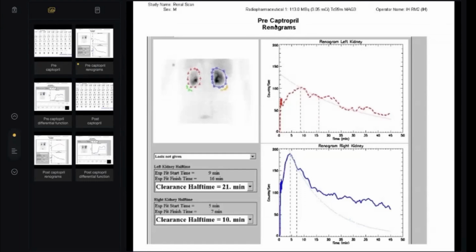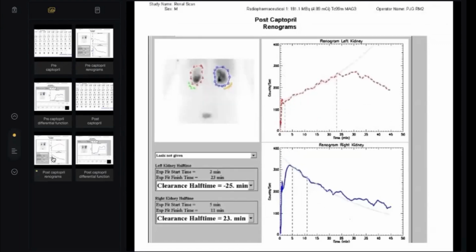Pre-captopril is the renogram, so pre-pharmaceutical. So how many curves do we have in the renogram? Pre-captopril and post. Yeah. Tell me, post captopril. So you will present it, if you are presented in the exam, by pre and post captopril. Keep in mind this is almost a renal artery stenosis.